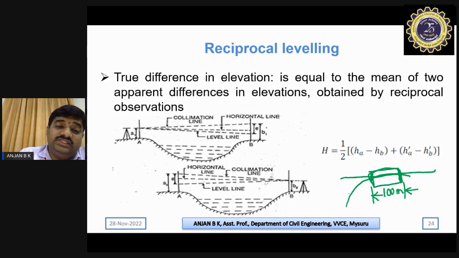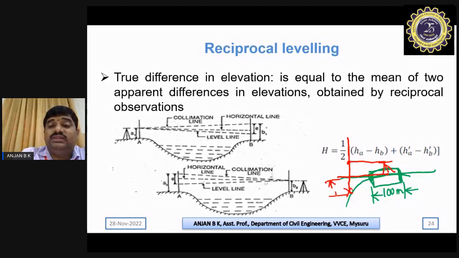But as soon as we put our leveling staff somewhere here, keeping it at a certain level, we can observe there is a certain error, because our instrument will be sitting here and it will be measuring elevation with respect to its current ground position.